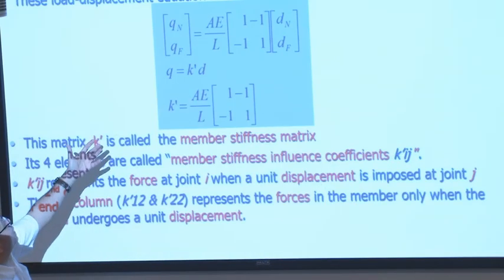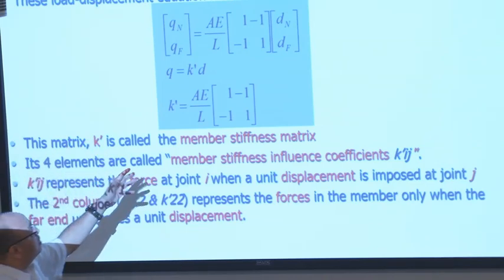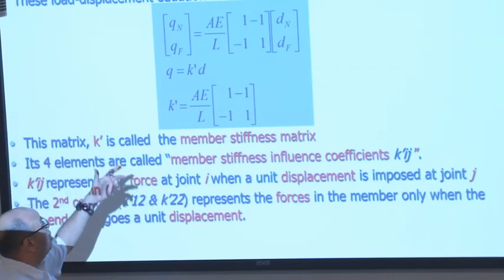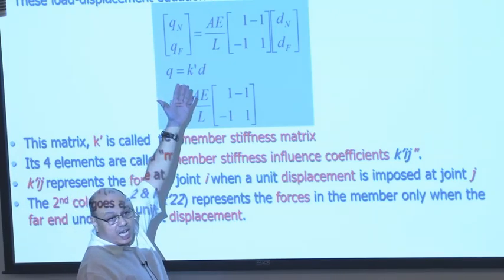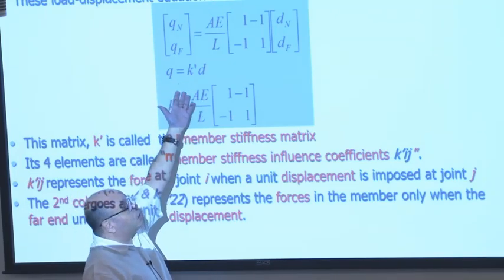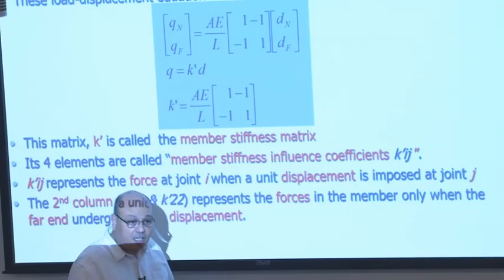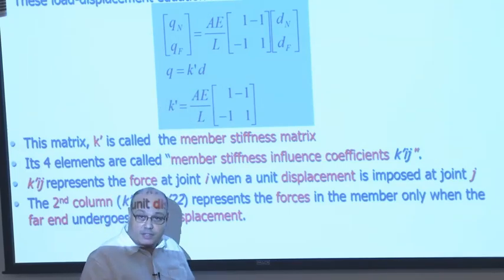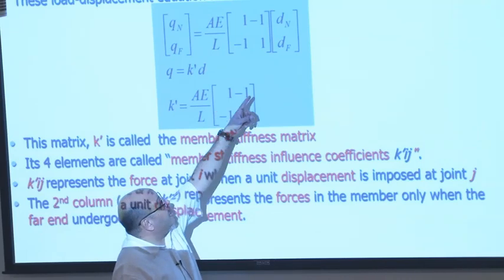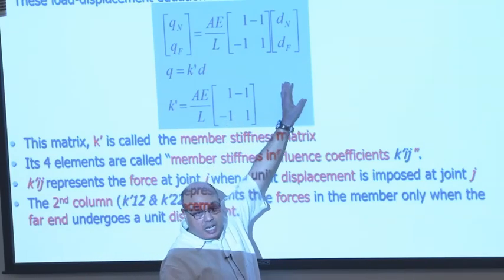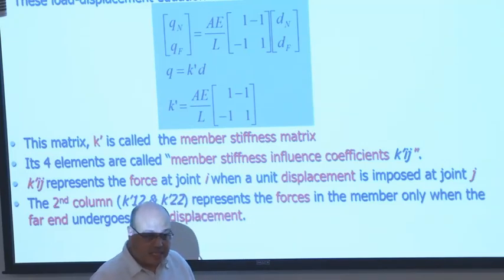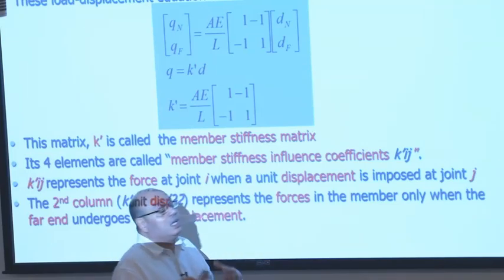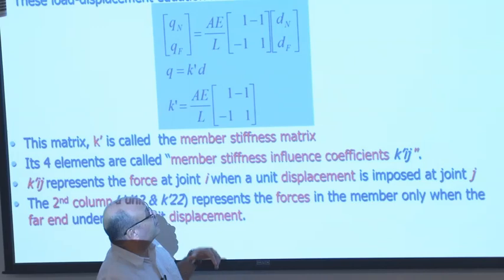So we come up with that load displacement relationship or equation in a matrix format. So I have a vector which has Qn and Q far, which means the force developed at the near end and the force developed at the far end. And I have on the right-hand side another vector identifying d sub n and d sub f, which is nothing but the deformation at the near end and the far end.